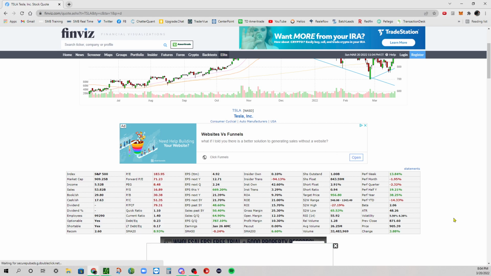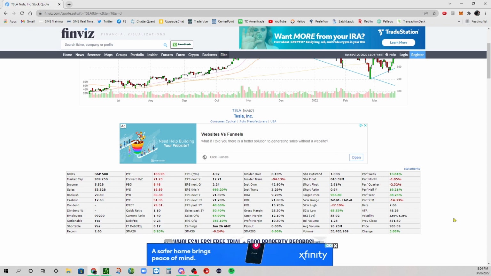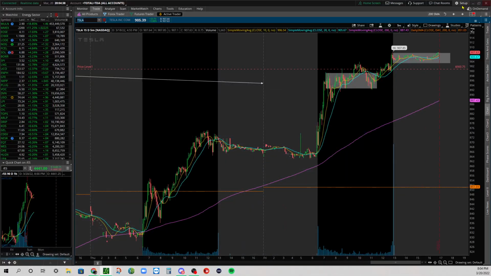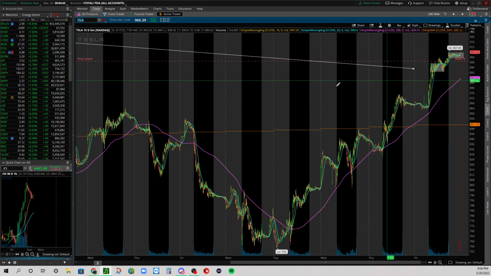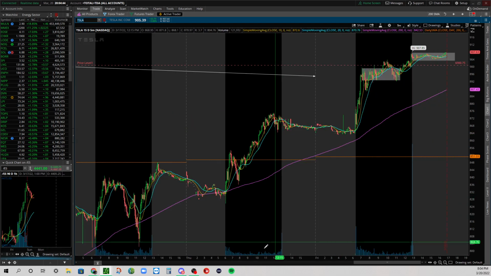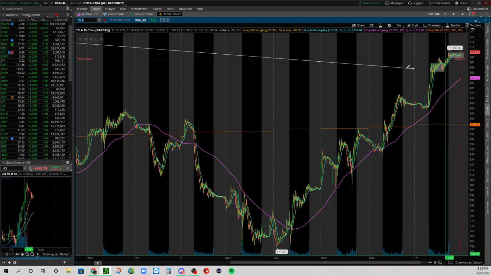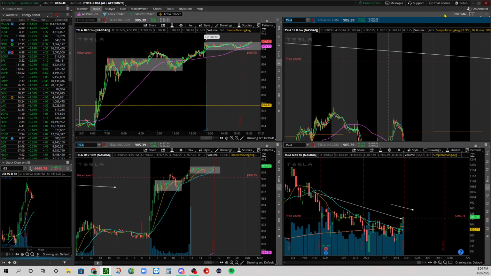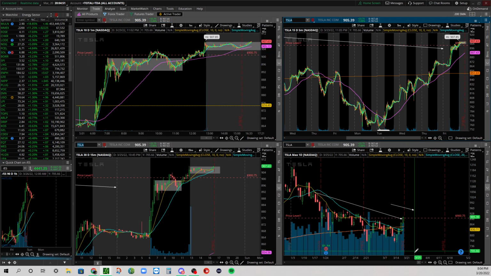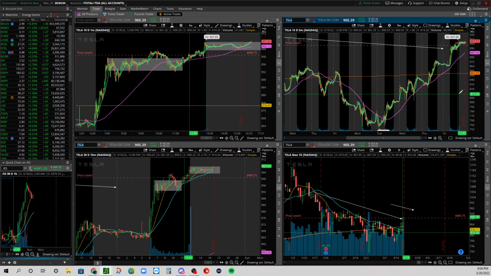So we're talking about a big behemoth company. To move that significantly is very slow. So squeeze possibility in this setup is unlikely after a huge multiple day run up. So Tesla, look for the short side.